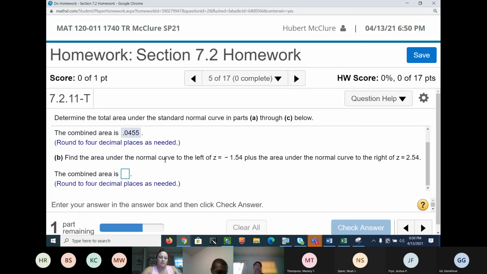Find the area left of 1.54. Now this one, first of all, is this symmetrical? No. So we've got to draw another picture. Freaking test question.